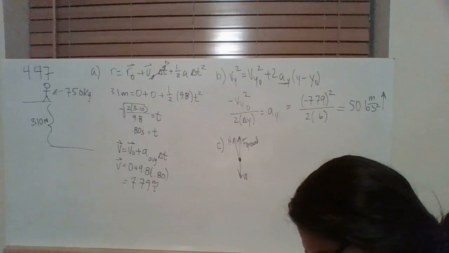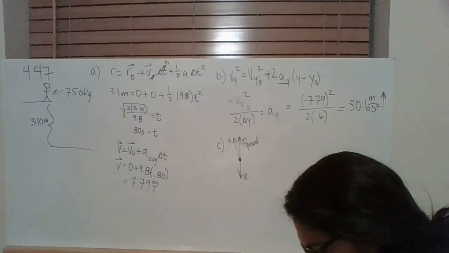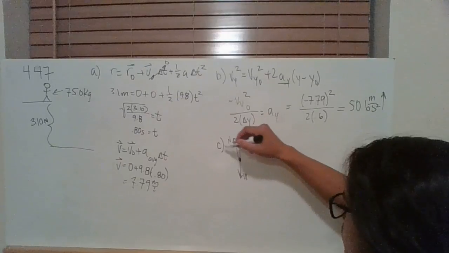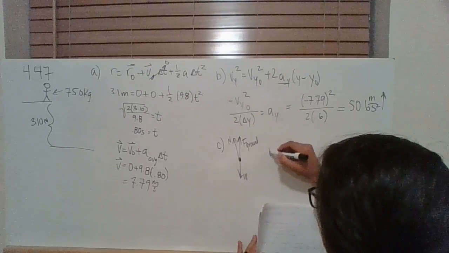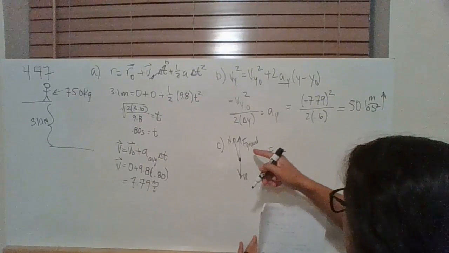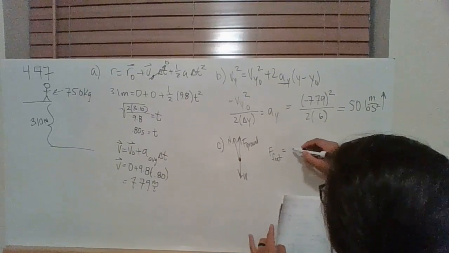Let's see. What is the net force on him? The net force is going to be these two combined on him. So at his feet, we'll say F feet, he will feel the force of the ground and the normal force acting on him.